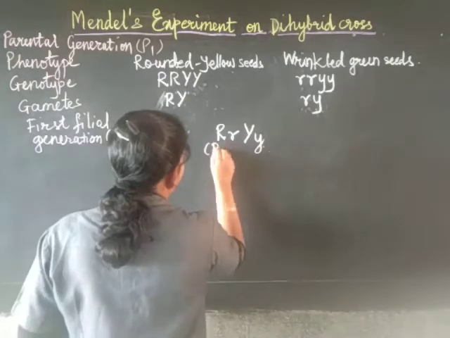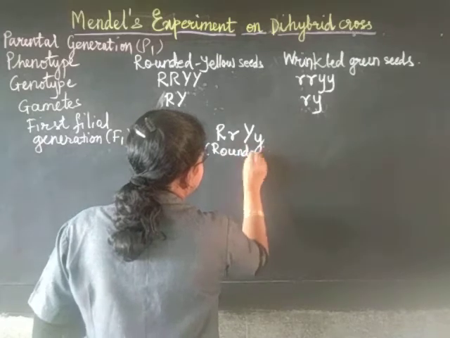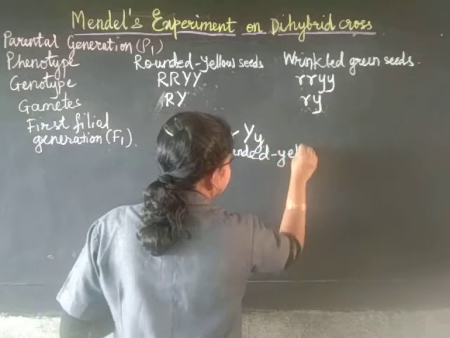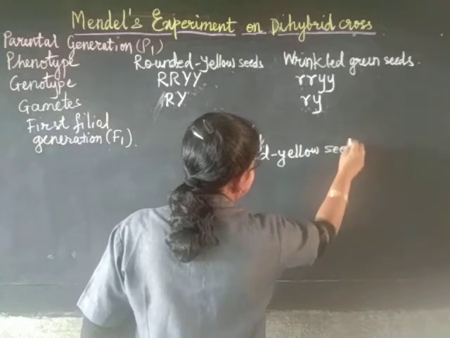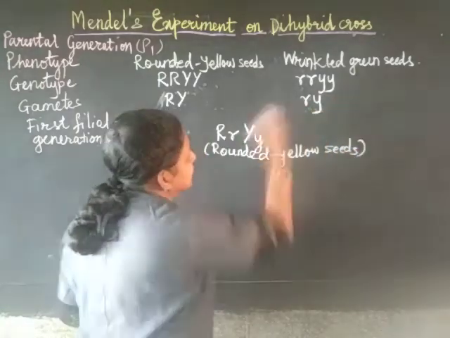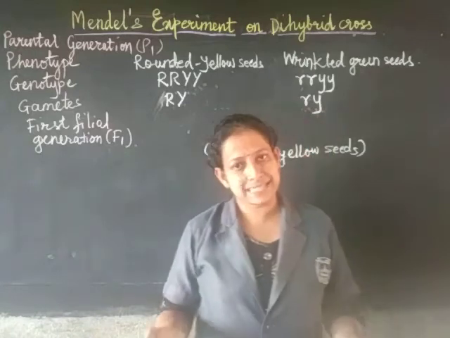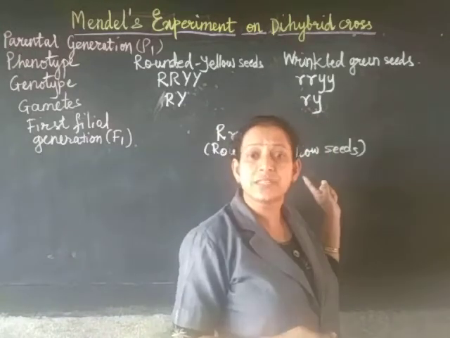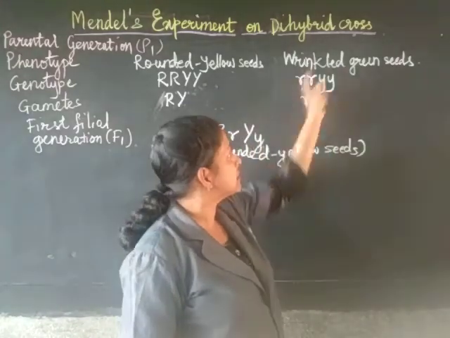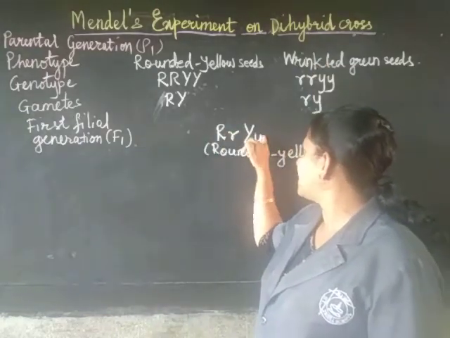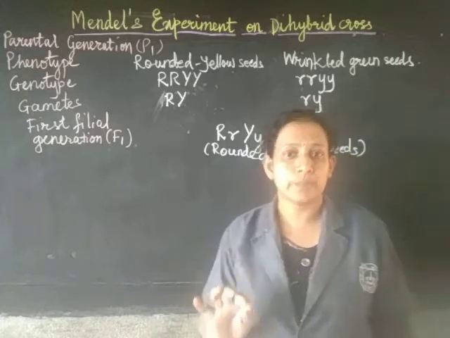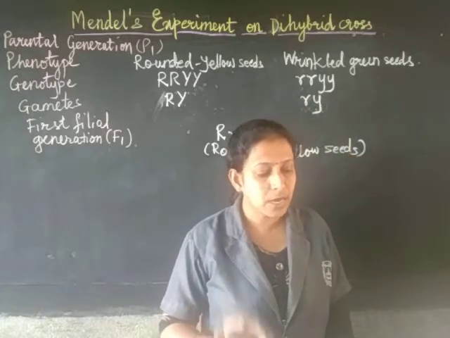These were all rounded and yellow seeds, and not wrinkled and green seeds. That means wrinkled and green seeds would be the recessive character, because it is not expressed in the first generation. So rounded and yellow seeds were dominant.